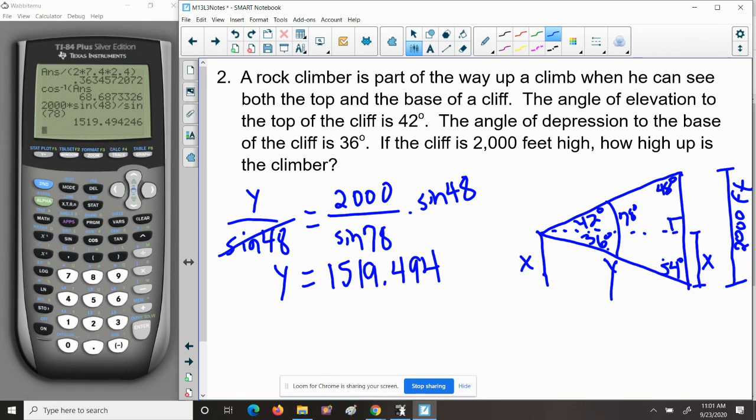So we know that sine in right triangle trig uses opposite and hypotenuse. So we could say sine of 36 equals opposite X over the hypotenuse Y, which we just found to be 1519.494. So all we need to do to solve for X is multiply by 1519.494.